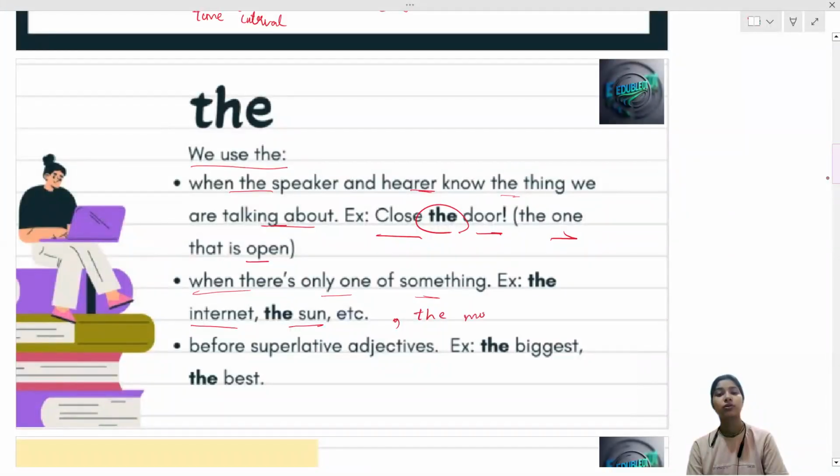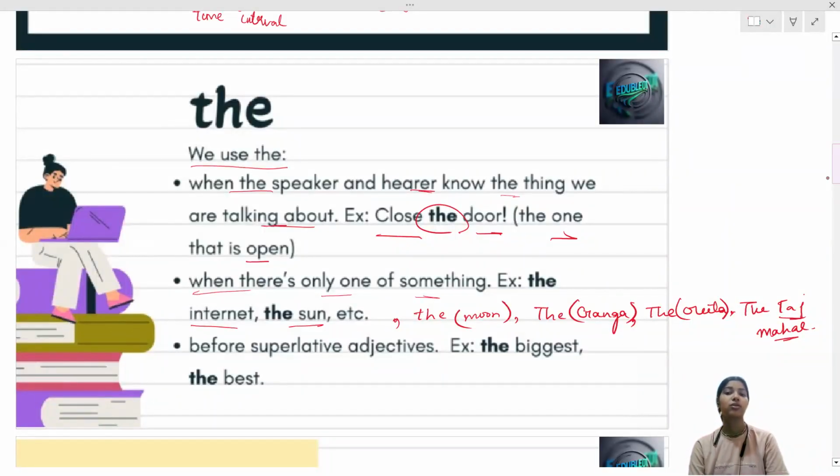The moon, the Ganga, the Gita, the historic monuments like the Taj Mahal. The Taj Mahal is not another one, right? So these things are only one. There is no other Ganga we are talking about. We know which Ganga we are talking about. There is only one Ganga, right? Okay.